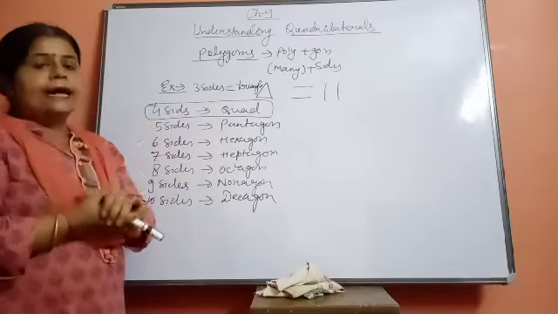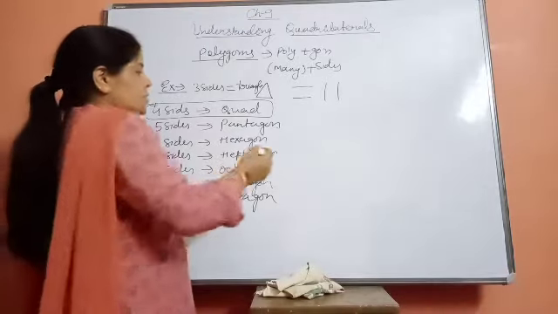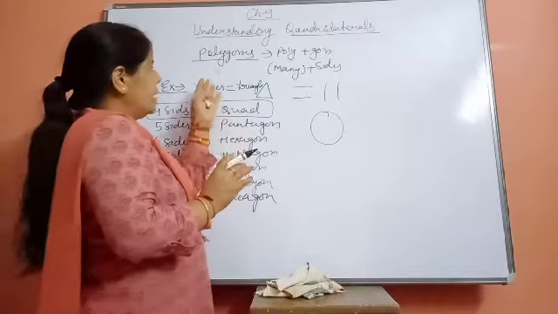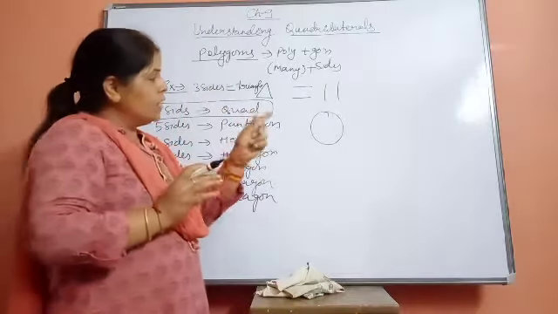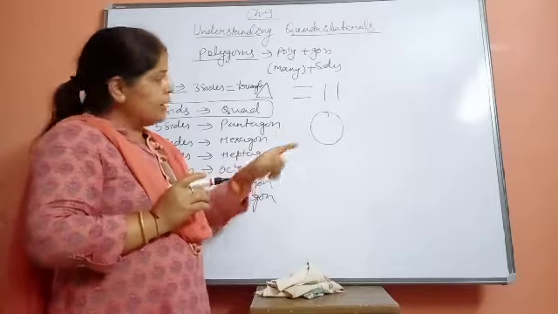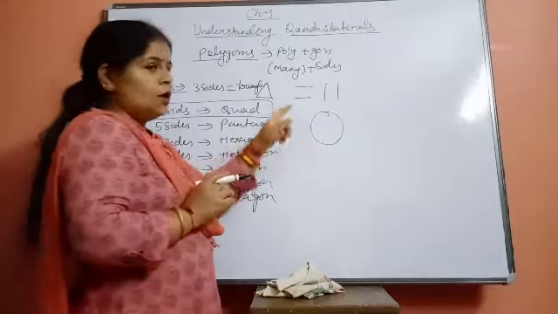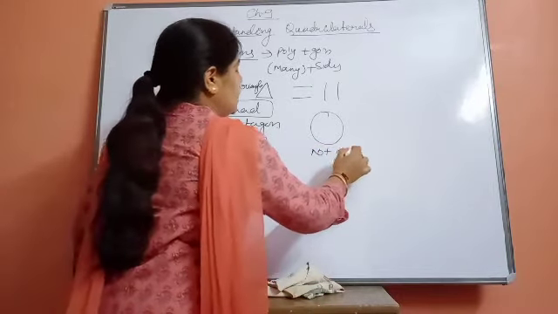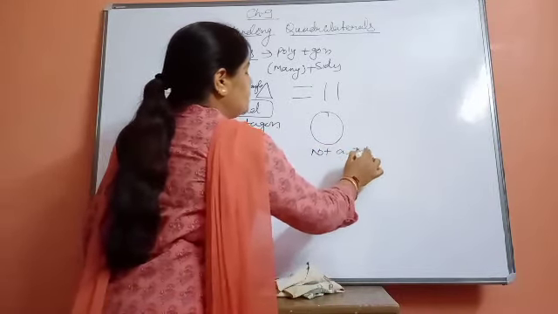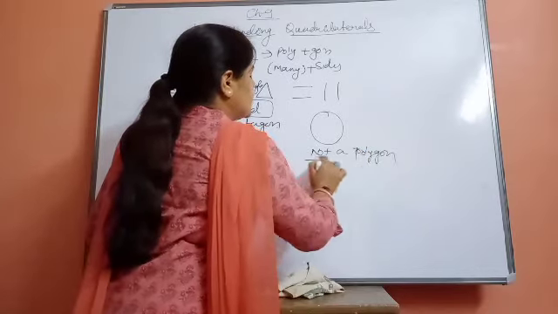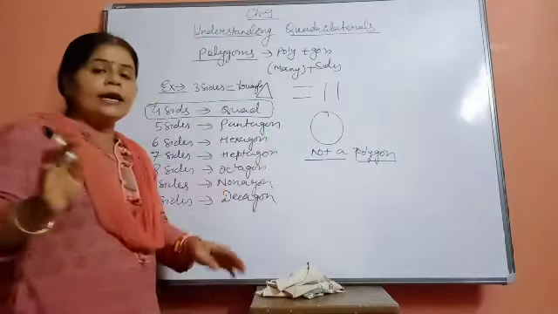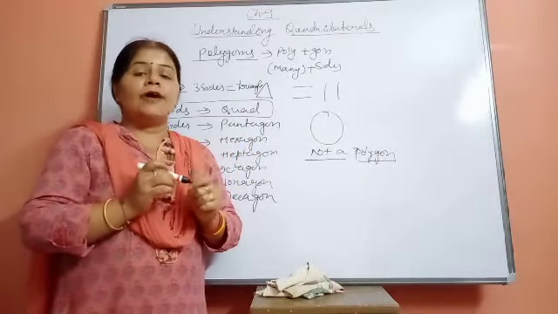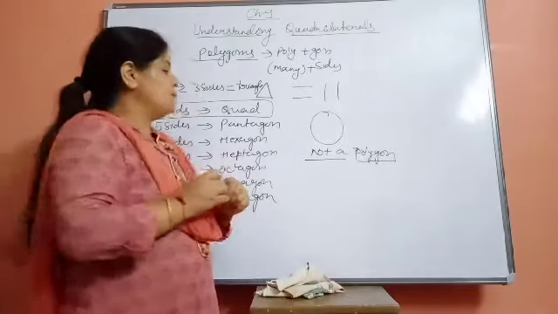Then the next thing, circles. It is also a closed figure. We are learning here that polygons mean closed figures, and a circle is also a closed figure, but is it a polygon or not? A circle is not a polygon, because a circle has infinite line segments.